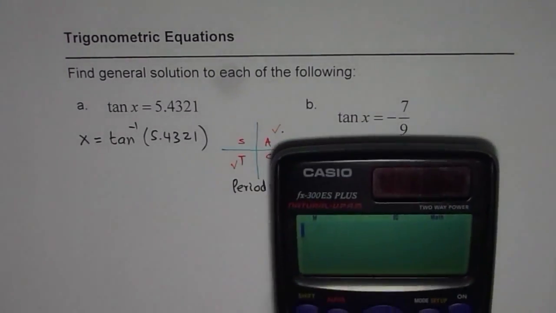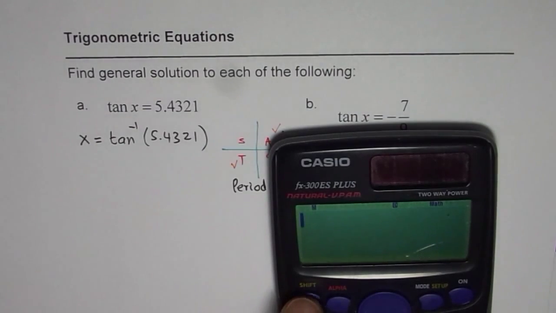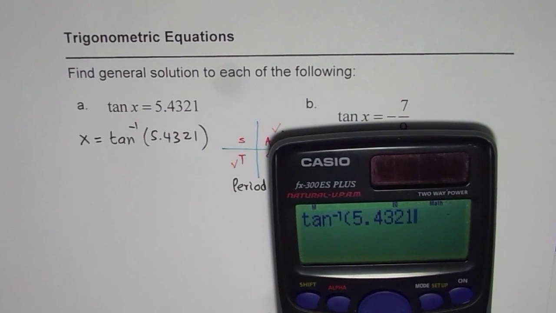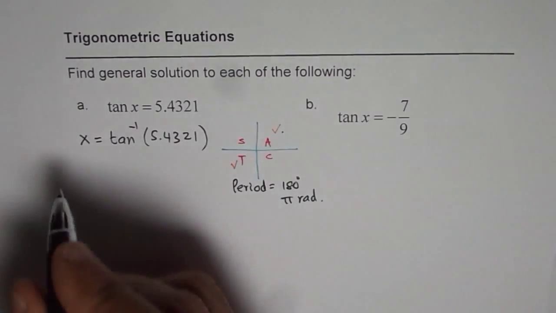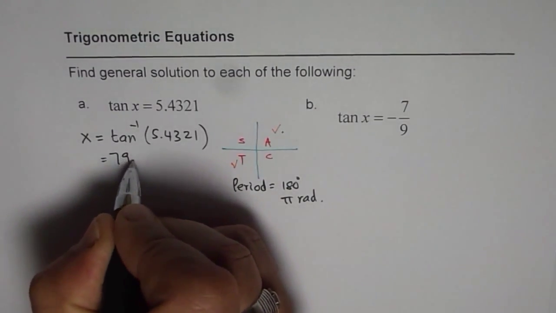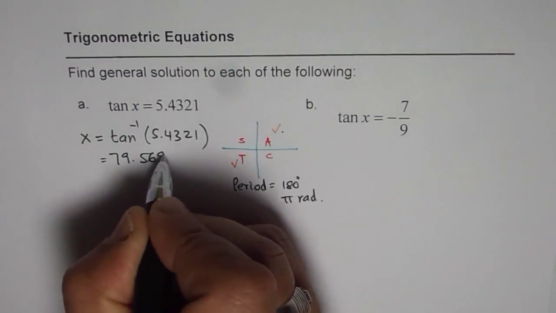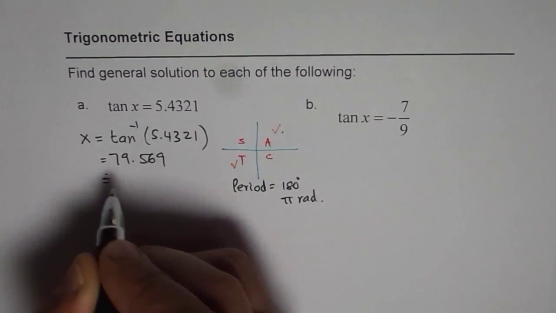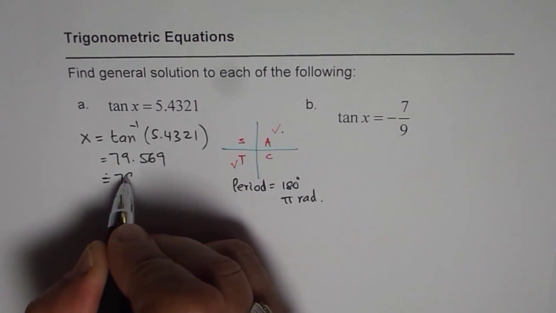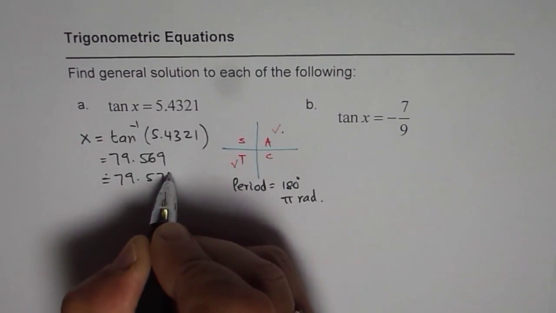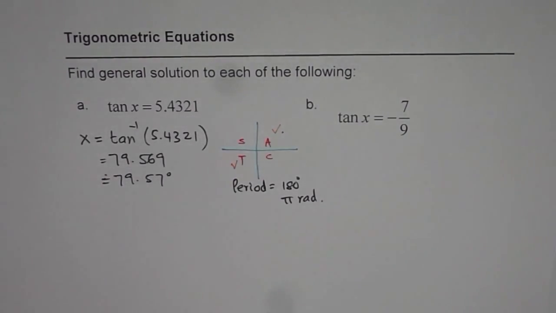So let's use the calculator: shift tan inverse 5.4321 gives us 79.569. So x equals 79.569, which you can round to 2 decimal places, 79.57 degrees. That is one of the solutions for us.